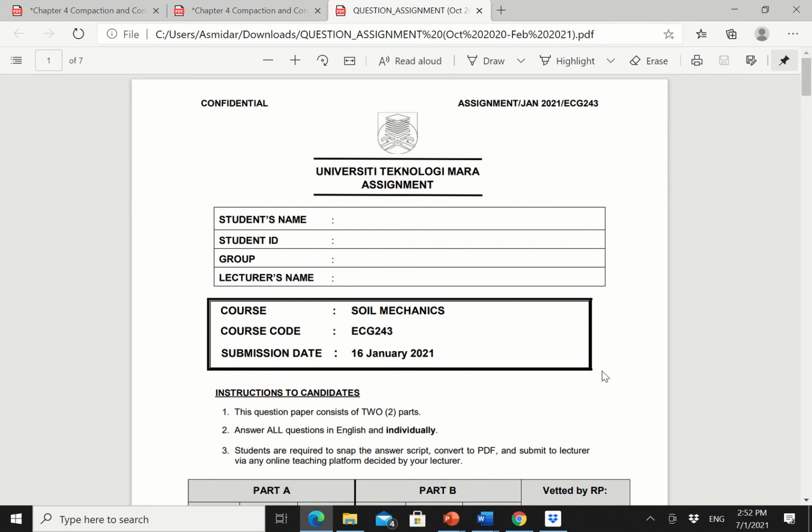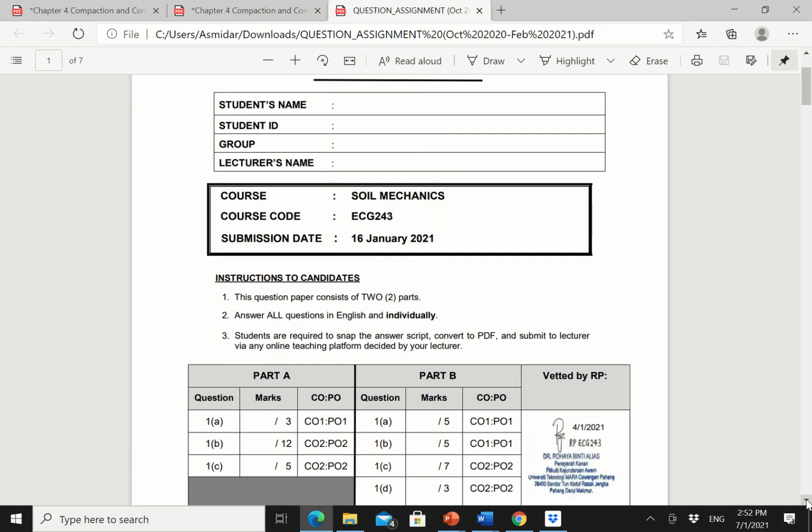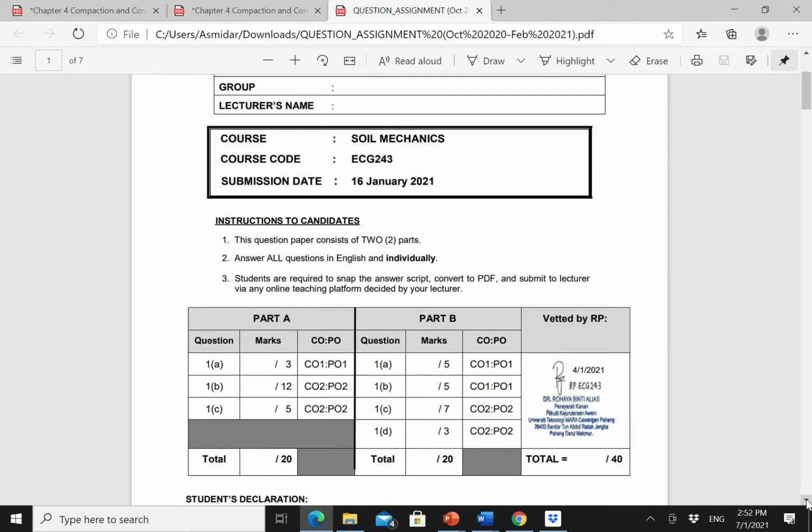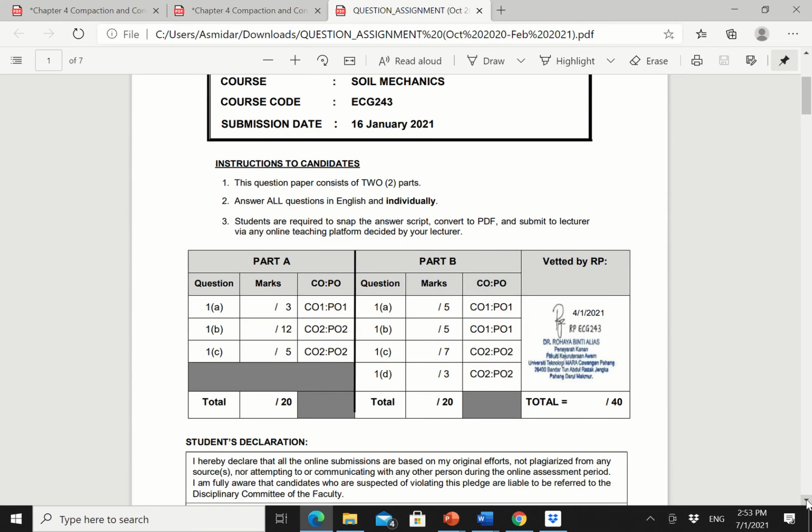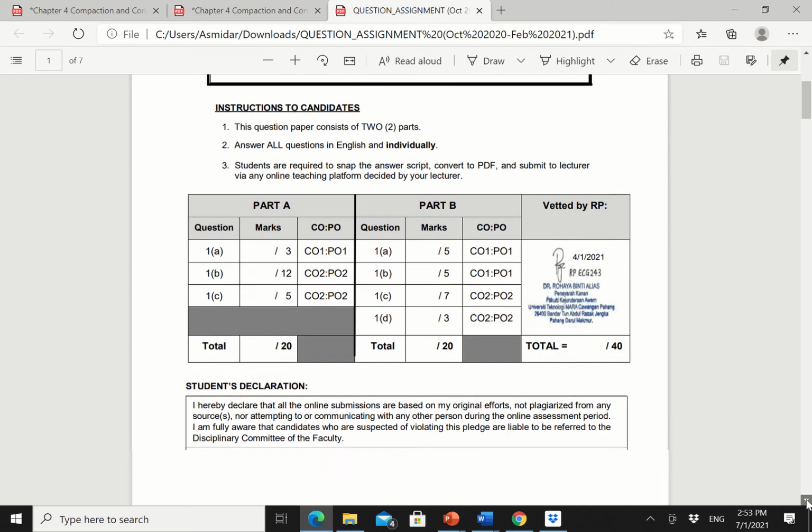This question consists of two parts, part A and part B. Answer all questions in English, and this is an individual assignment, so we are expecting individual work. Students are required to snap the answer script, convert it to PDF and submit it to the lecturer via any online teaching platform decided by your lecturer.